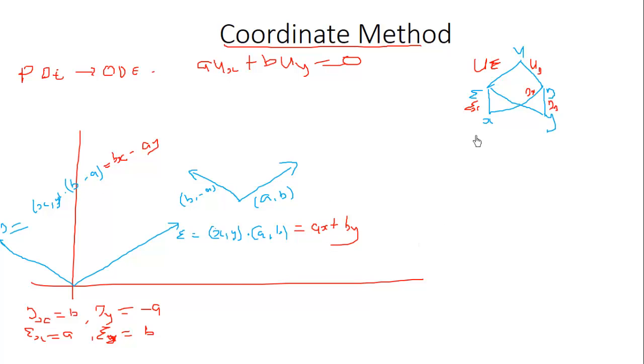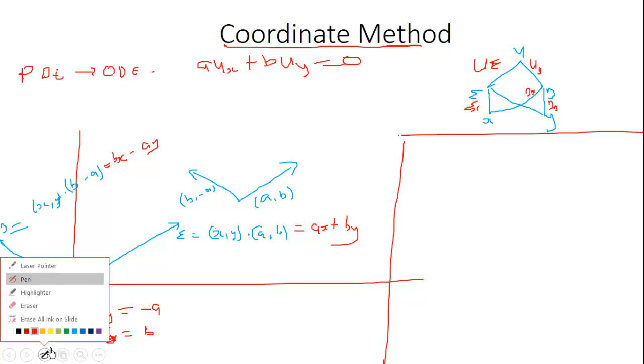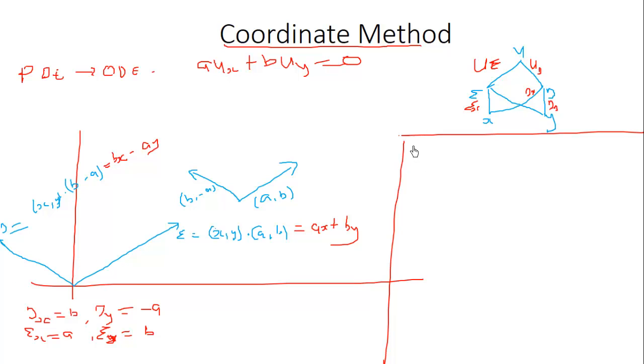So now we'll find our partial derivatives. So u x will be equal to u zeta zeta x plus u eta eta x. So we get the following.